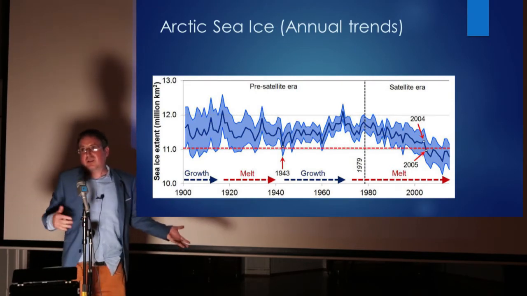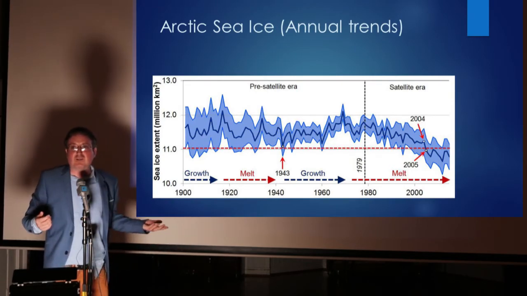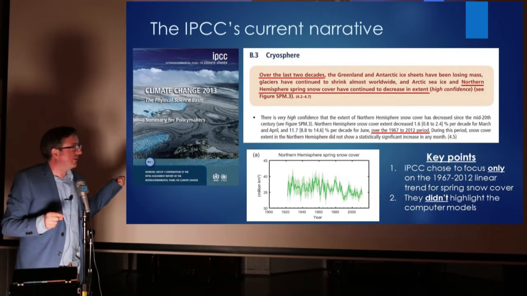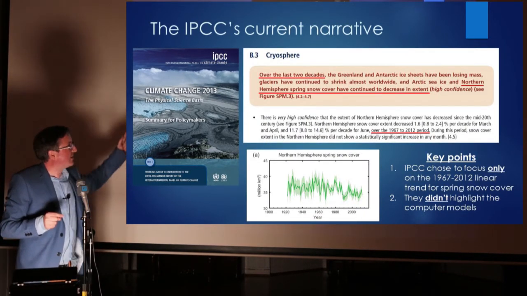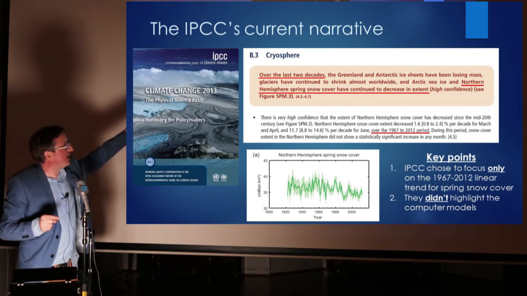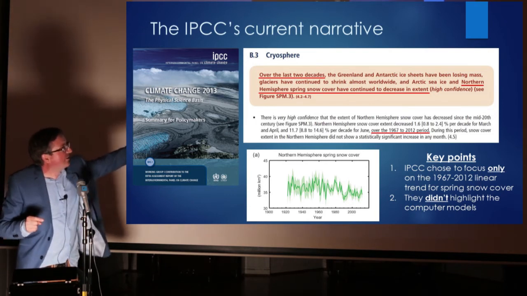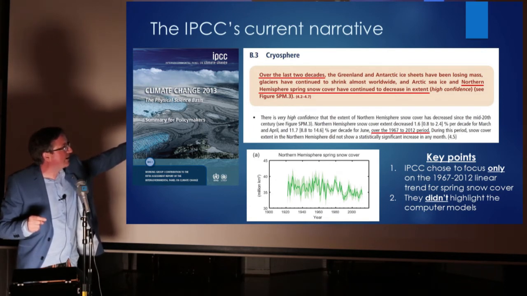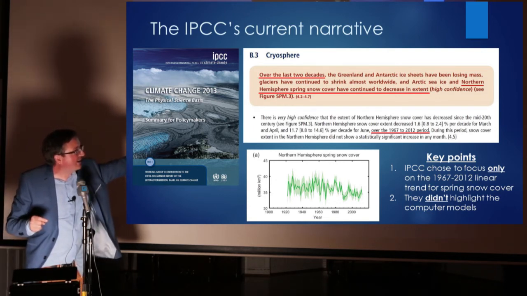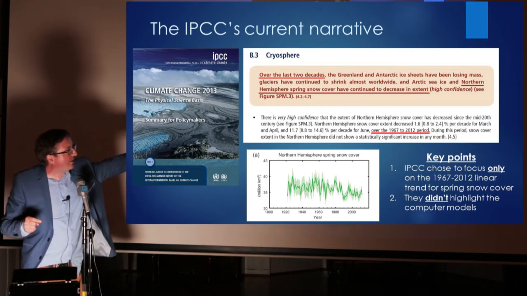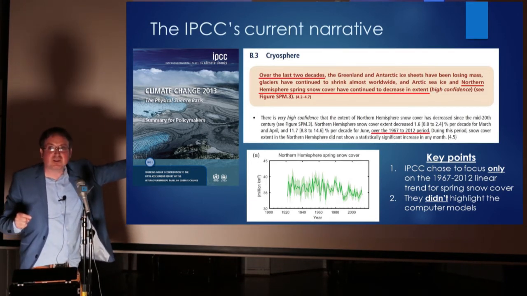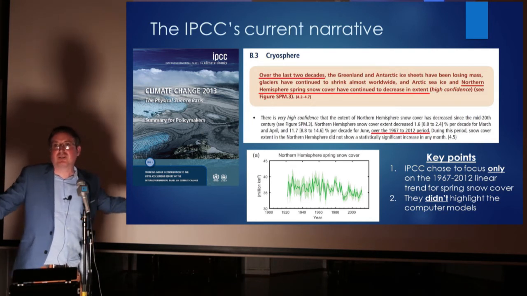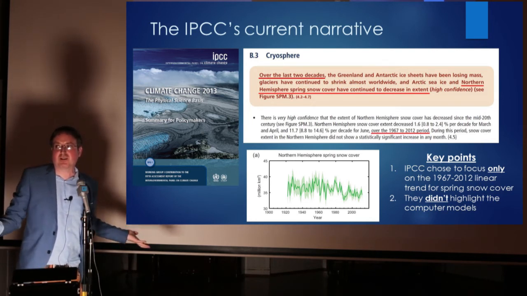So what we're saying is, first of all, next slide, the IPCC, when they're looking at snow cover, this is what they describe. They said over the last 2 decades, Northern Hemisphere spring snow cover has continued to decrease in extent, and specifically they say it declined over the 1967 to 2012 period, and that's one of the key results according to the IPCC summary for policymakers.